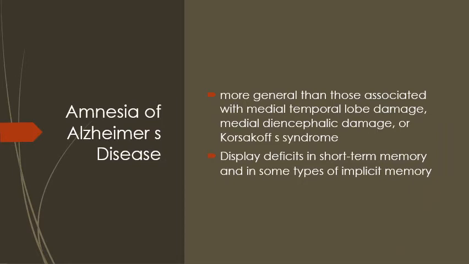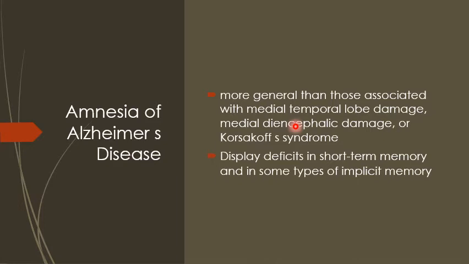There is also amnesia relating to Alzheimer's disease. This is more general than those associated with the medial temporal lobe damage, the medial diencephalic damage, or the Korsakoff syndrome. This displays deficits in short-term memory and in some types of implicit memory. As we have discussed previously, for those two, the medial temporal and medial diencephalic, it is mostly episodic memories, right? And the implicit memory is intact.